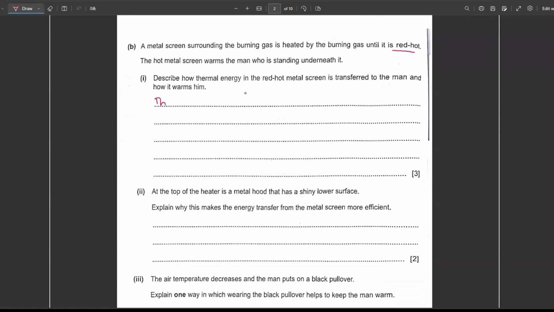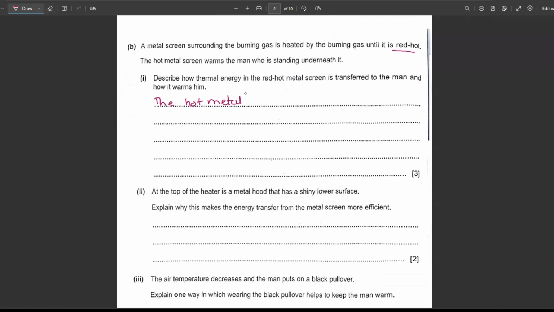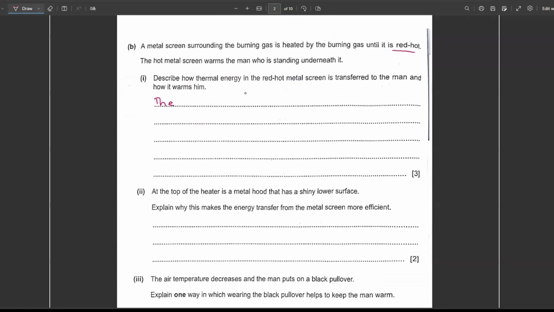Let's obey whatever the question is saying. The red hot metal screen emits radiations.